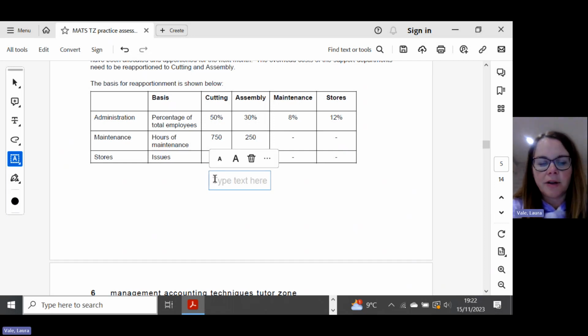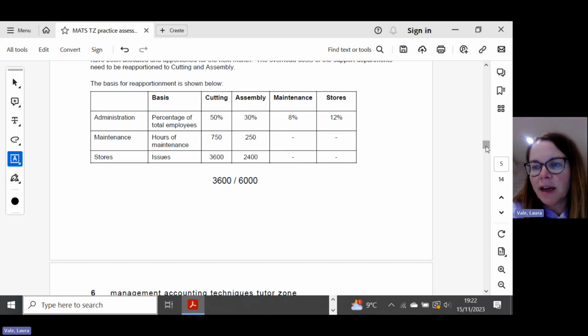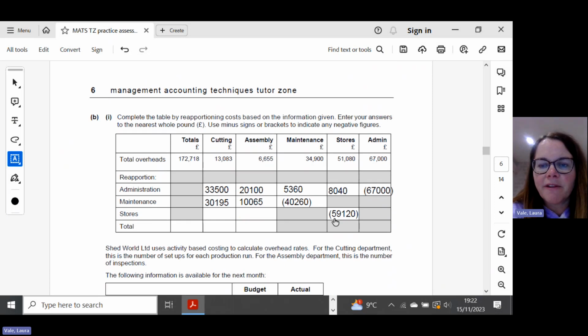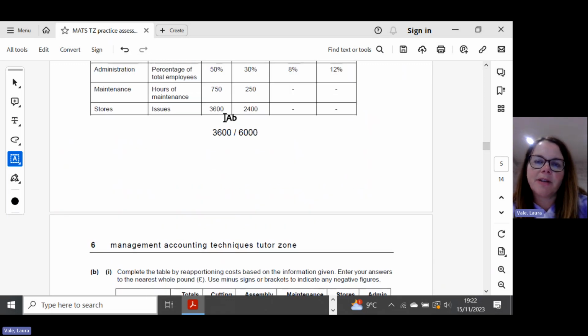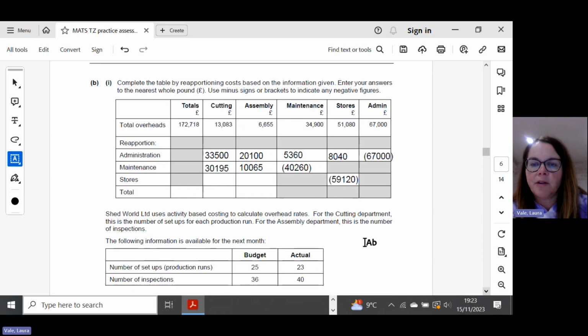Then I'm going to do 3,600 divided by that 6,000, and it's that proportion that I'm then going to multiply by the 59,120. Just to be clear, both these two numbers add up to 6,000.